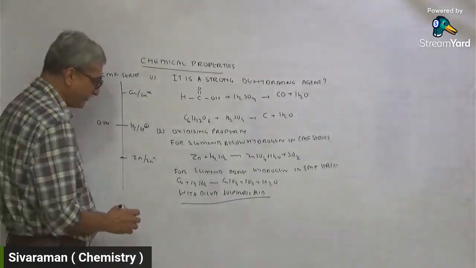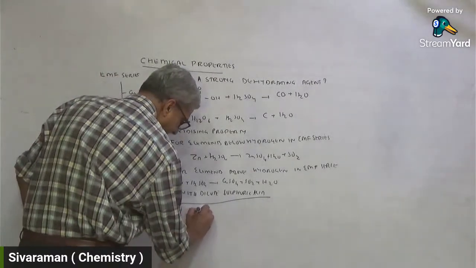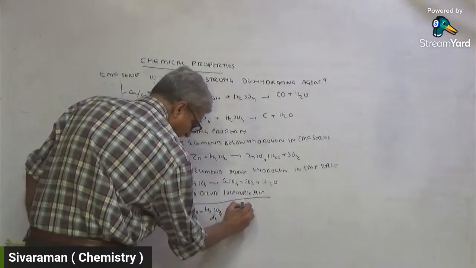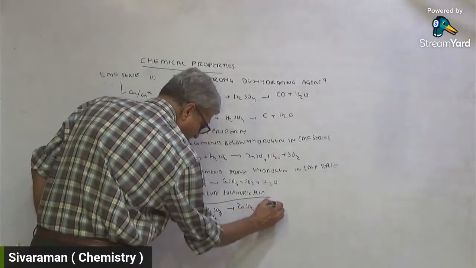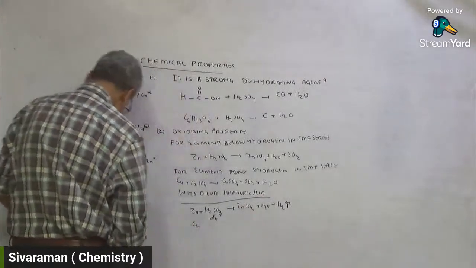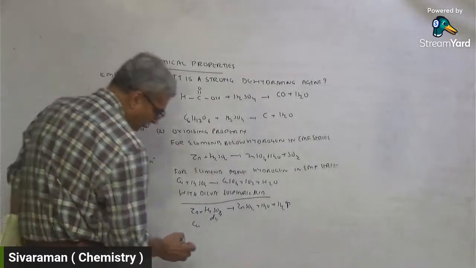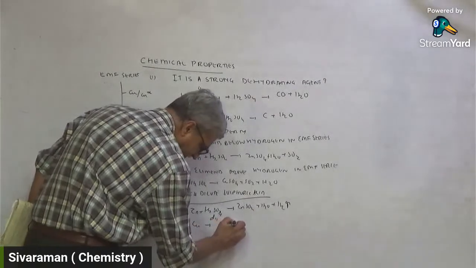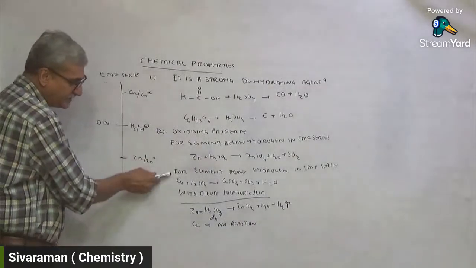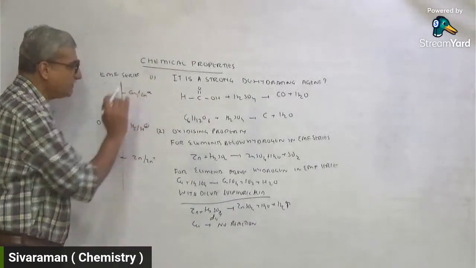So for dilute sulfuric acid with an element below hydrogen, let us say zinc plus dilute H2SO4 forms zinc sulfate plus H2O, and hydrogen gas is evolved. With copper, it may not react. Copper, no reaction. So this is the difference. With concentrated acid there is oxidizing action; with dilute acid, hydrogen is displaced, and for metals above hydrogen like copper, no reaction.